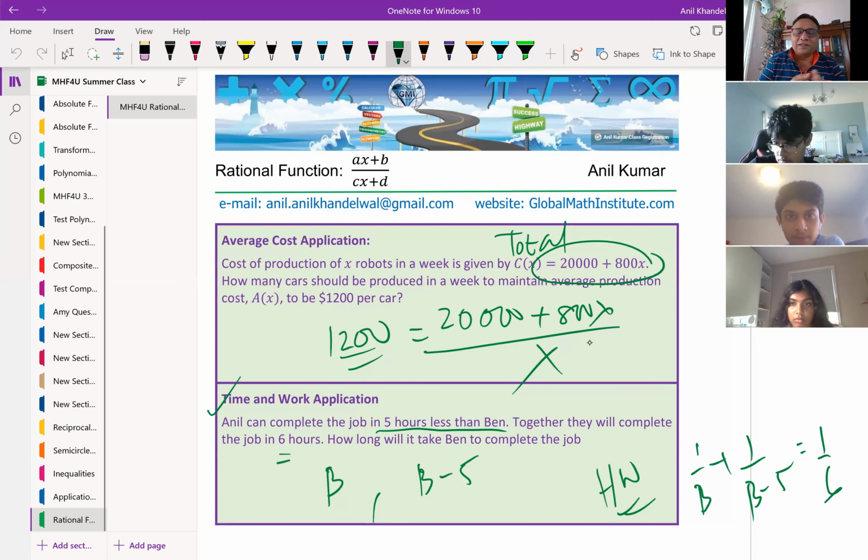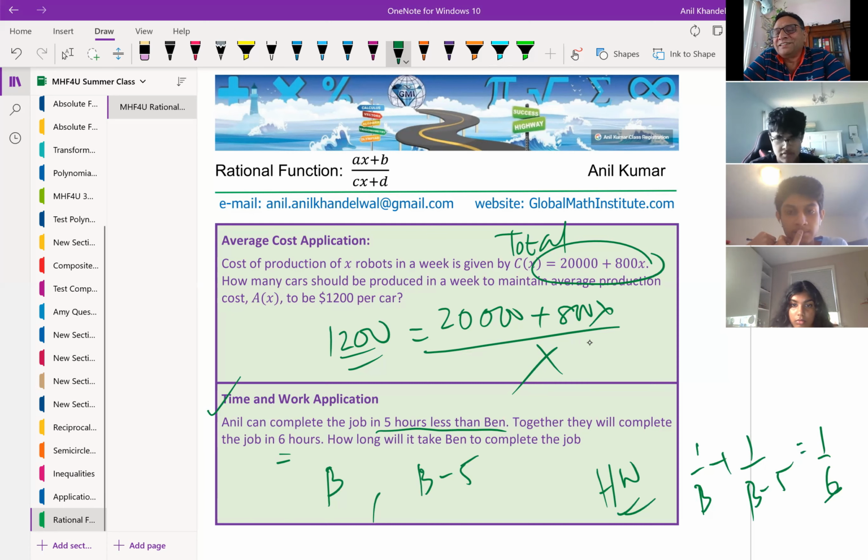In 6 hours, we complete the whole job, correct? In 1 hour, 1/6 will be done. But in 1 hour, because Ben takes B hours, he will do 1 over B. Anil takes B minus 5, so he will do 1 over B minus 5, which is more job, and this will be equal to 1 over 6. Do you see how easily we got a rational function to solve?